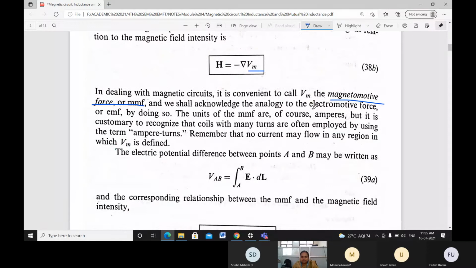This acknowledges the analogy to the electromotive force, or EMF; it's almost similar. Due to the magnetic field, whatever force is exerted is our magnetomotive force.